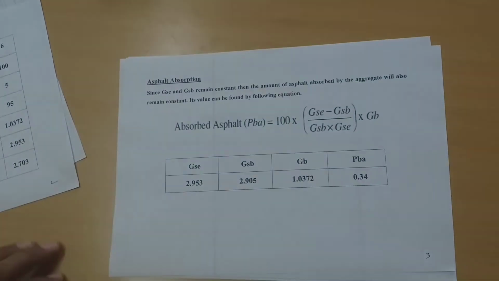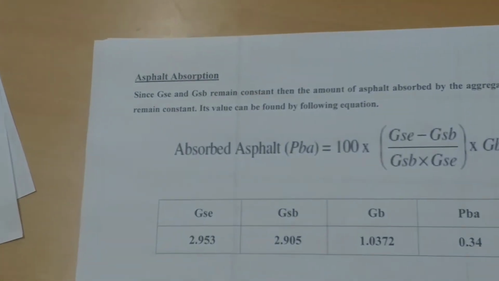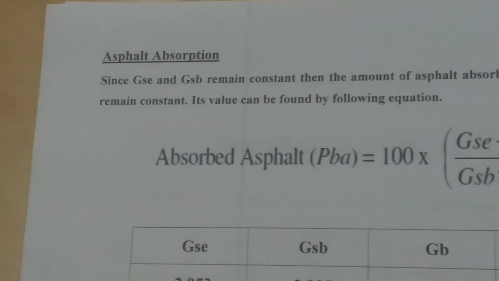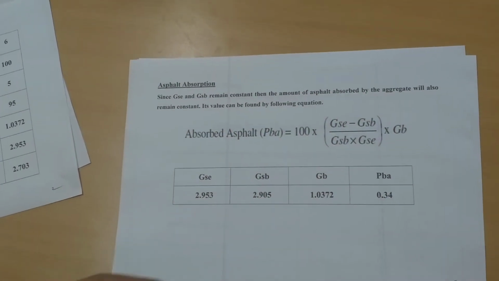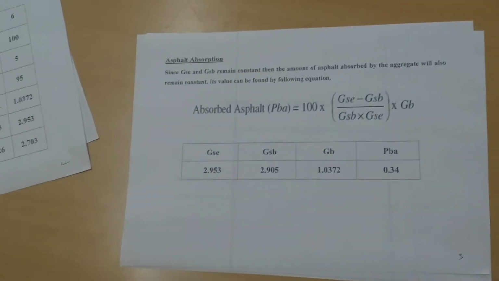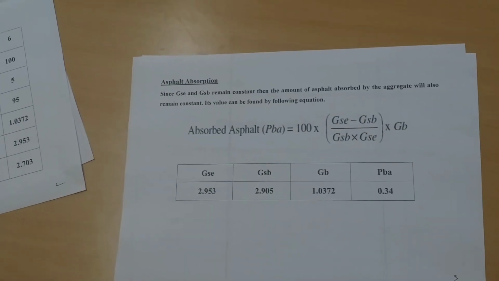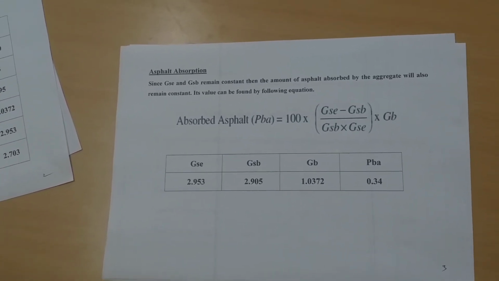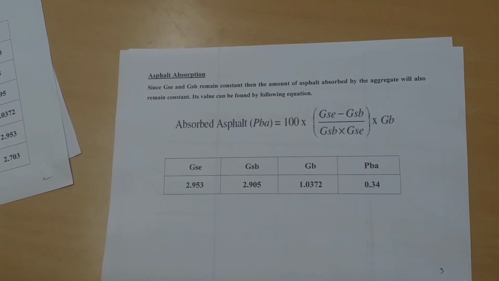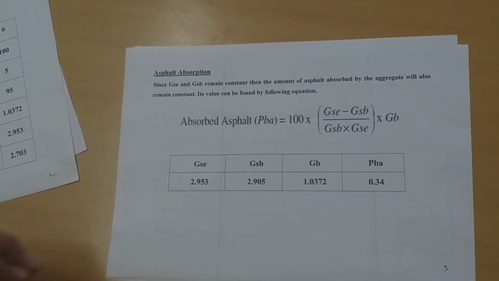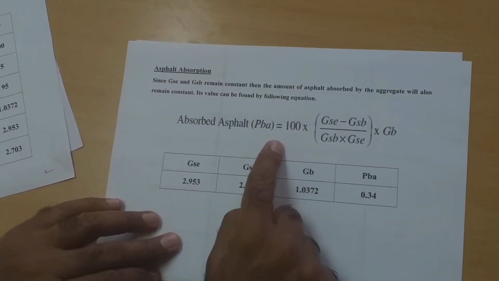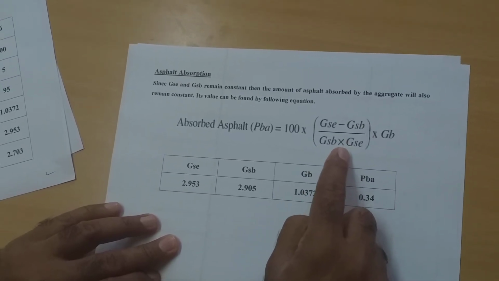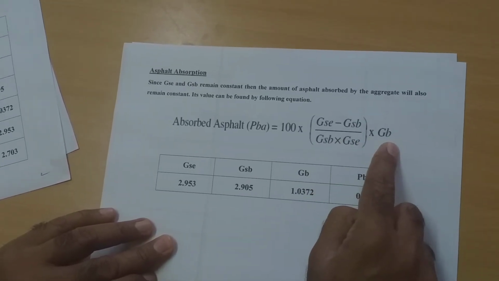My next step is asphalt absorption. You know, this asphalt absorption means whenever you have put some bituminous material into the aggregate, some portion of this bitumen is absorbed by the aggregate, and that we have to determine. And keep this in mind, absorption remains constant. It doesn't vary. So absorption can be found out by using this equation, GSE minus GSB over GSE into GSB into GB.